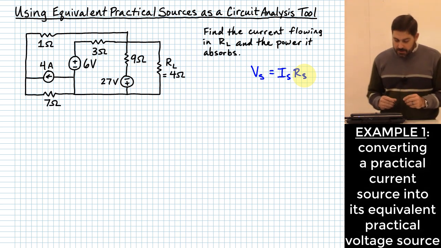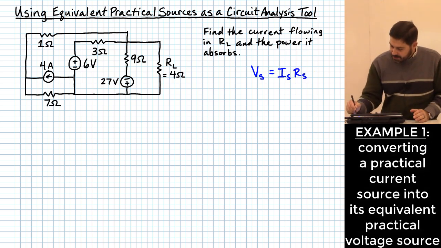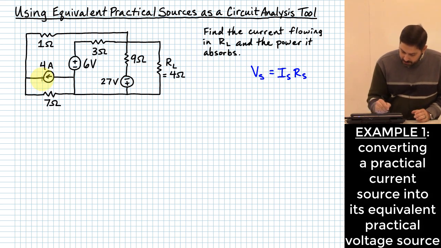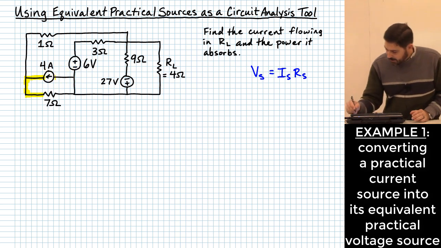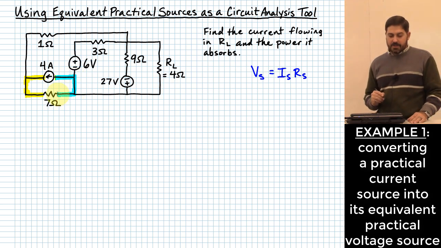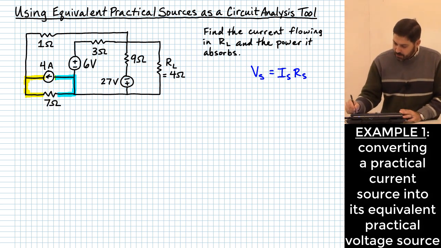I'm going to identify this one right over here and say it looks like we have this resistance right here is actually in parallel with this current source. Right? See how they share a pair of nodes right there? So how do I convert that current source into a voltage source? Practical one.